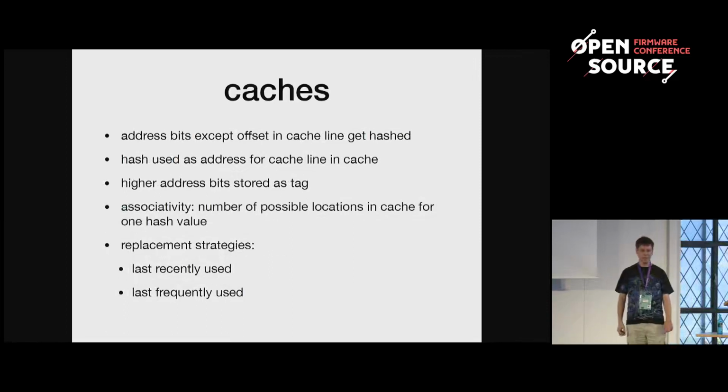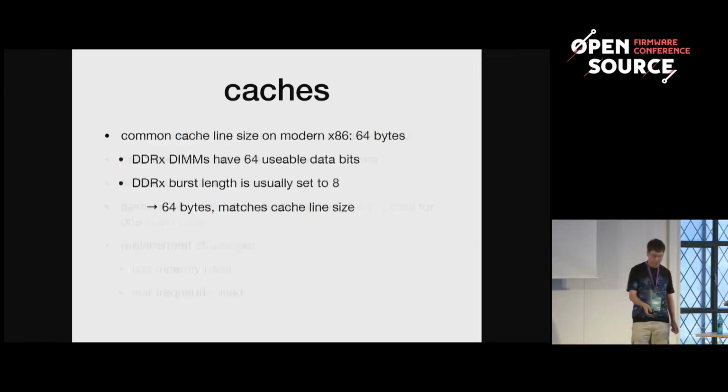For the caches, you have a certain amount of memory. The smallest amount of memory that can be put in the cache is one cache line. On x86, it's typically 64 bytes.